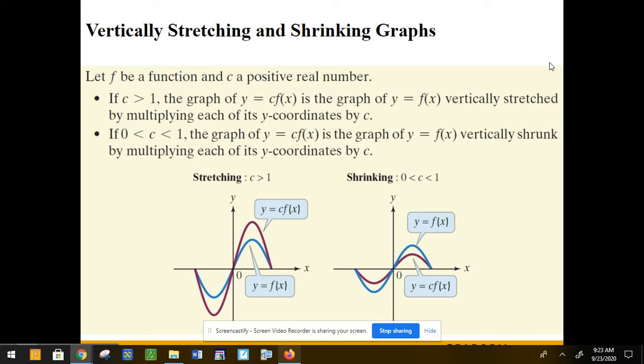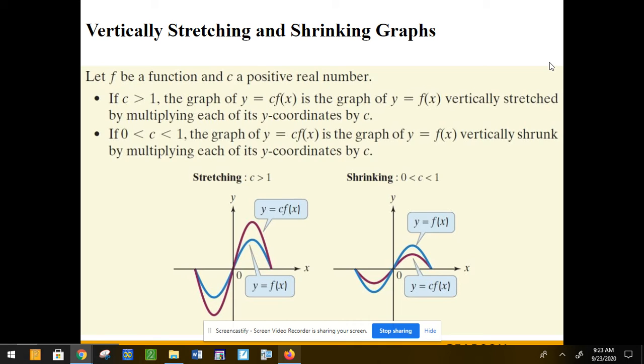We don't think about vertically stretching or shrinking as a negative number because the negative would be doing the flipping. So if it was like -3, you would look at the vertical stretching as the 3. The negative part would then be flipping it. So we only think about it that way.